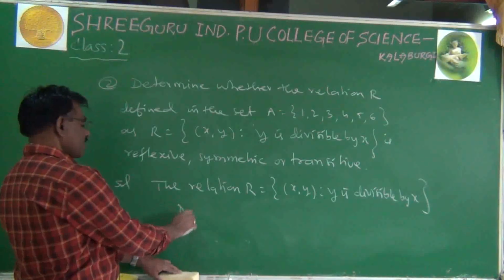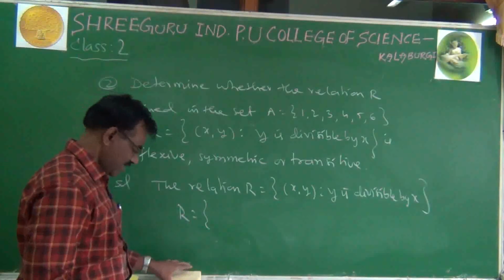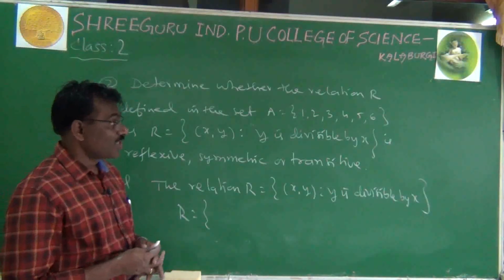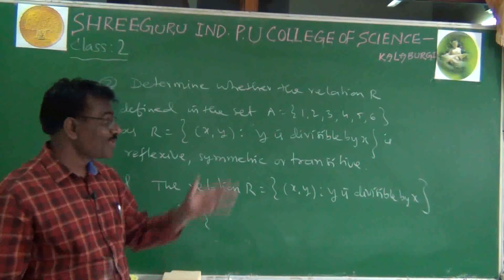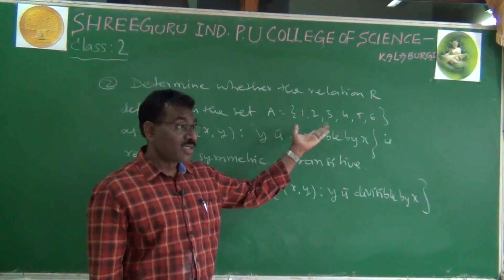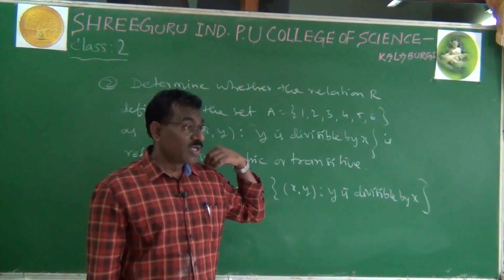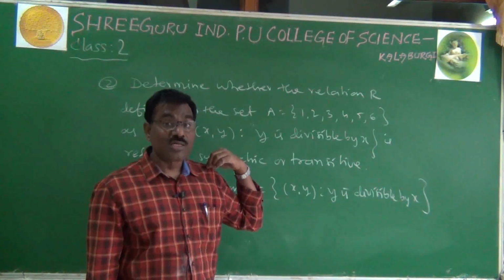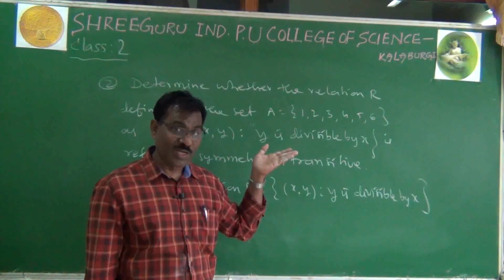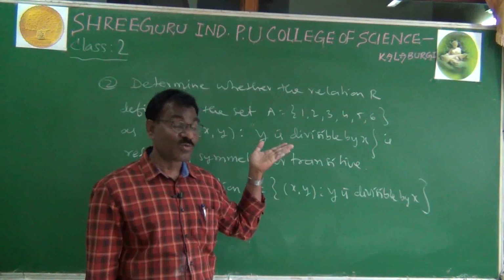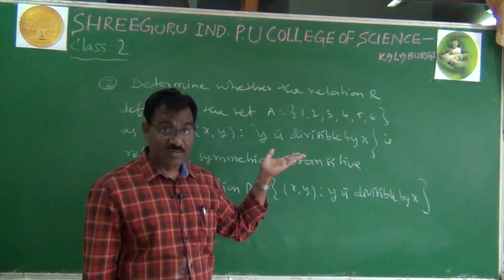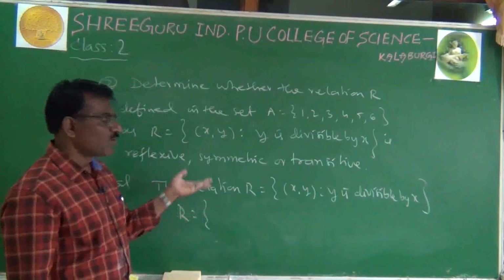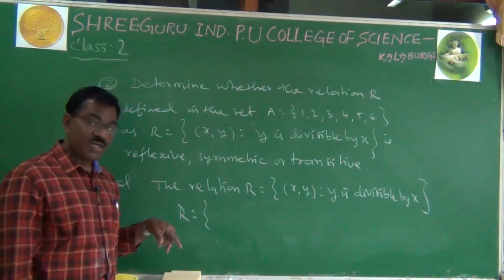Now, A cross A means 36 ordered pairs, because the set A has 6 elements. Writing all 36 ordered pairs takes more time, about 3 to 4 minutes, but there is no need. Without A cross A, we can write the relation R.